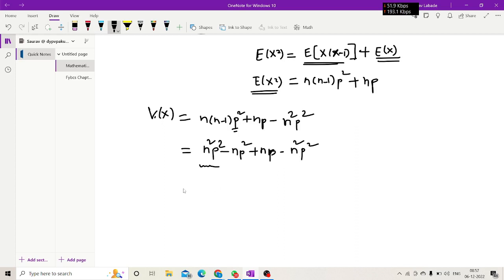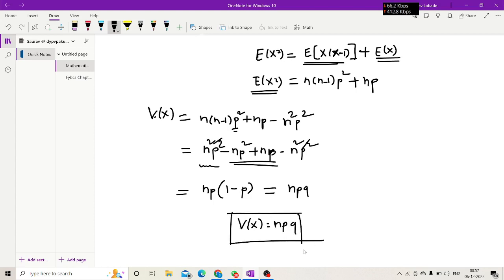Which term will get cancelled then? The n square p square terms cancel, and the remaining terms I take np as common. What is remaining is 1 minus p, and 1 minus p is q. So variance of x should be equal to npq. And what was my expectation?